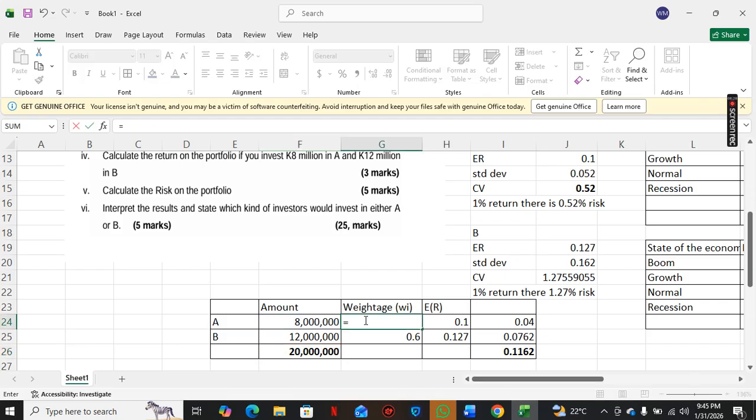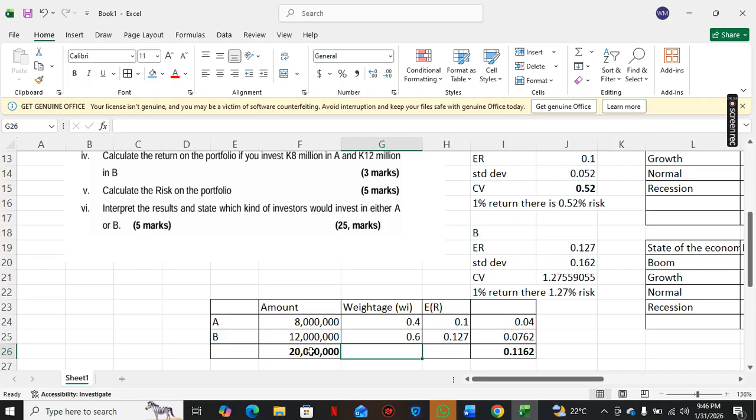Okay? 8 million divided by 20 million, 0.4, which is 40%. Okay. Investment B, the weightage, you're just going to say 12 million divided by 20 million, 0.6, 60%.